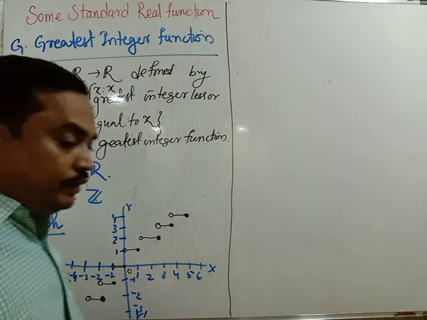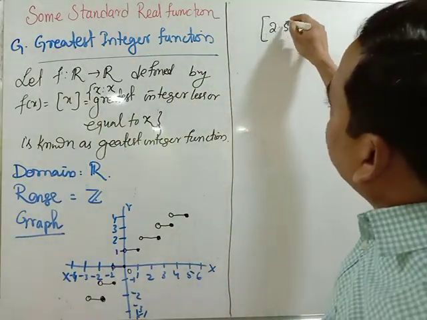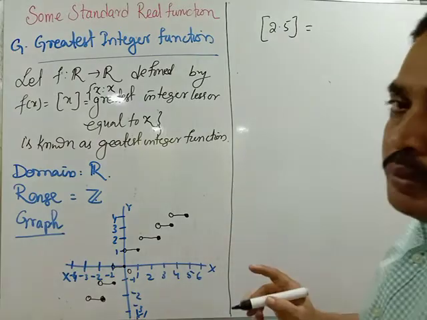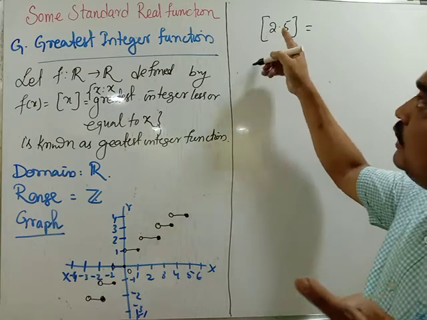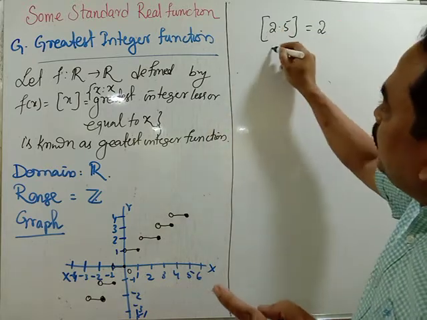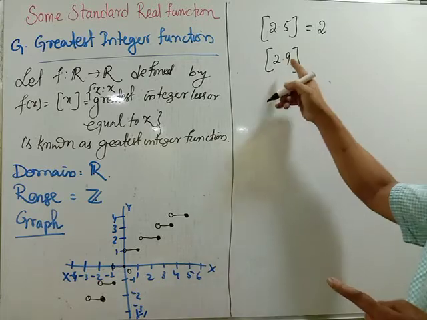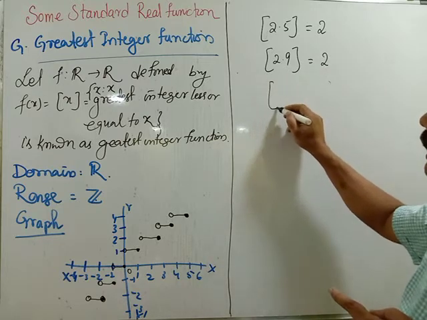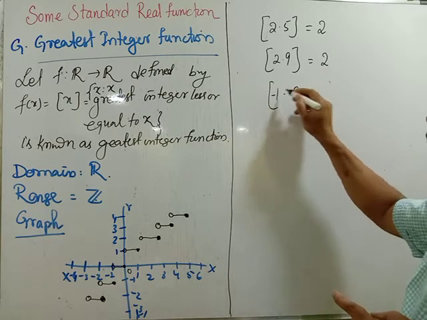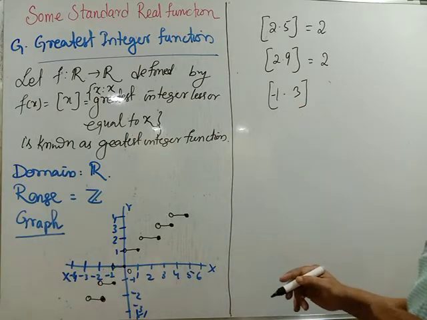I will give an example so you can understand in a better way. Bracketed 2.5 is the greatest integer less than or equal to 2.5. What is that? It is 2. If we take 2.9, the greatest integer less than or equal to 2.9 is nothing but 2. Now take minus 1.3, the greatest integer less than or equal to minus 1.3.